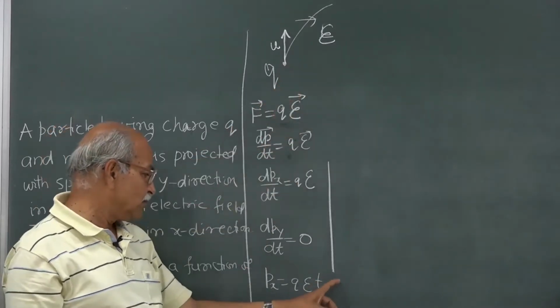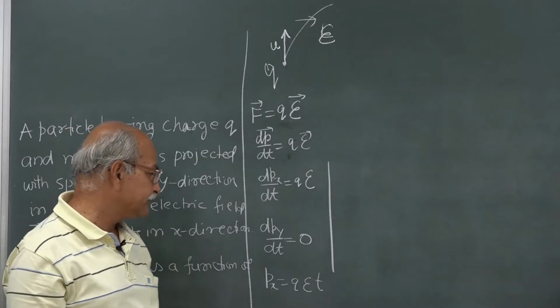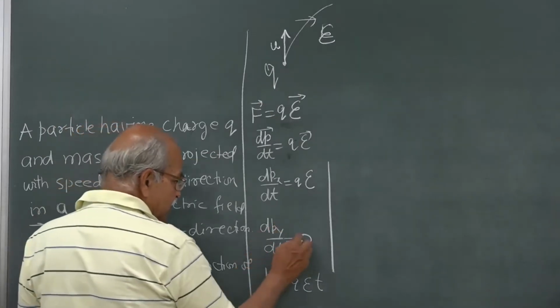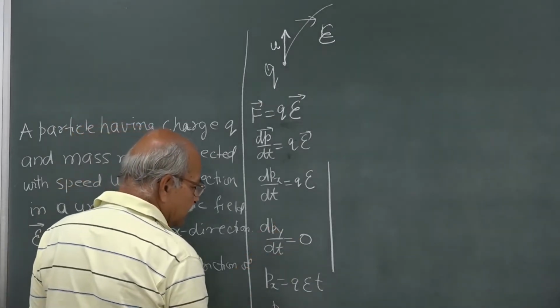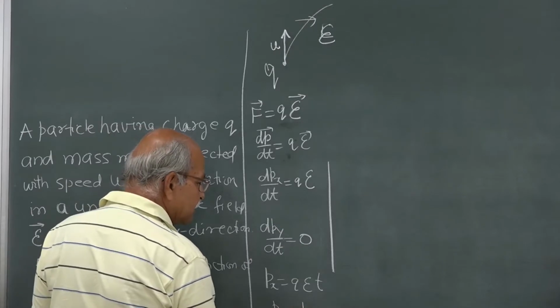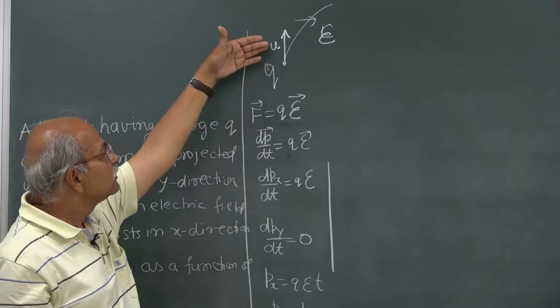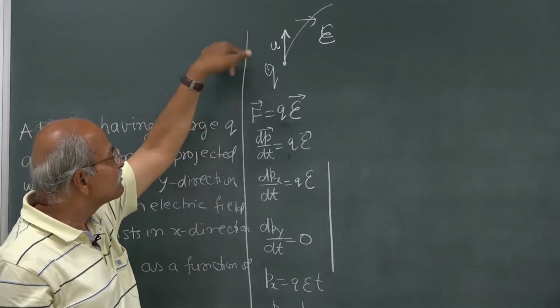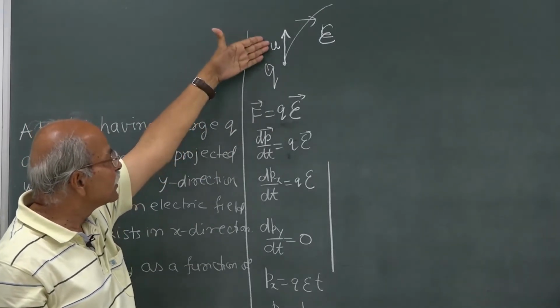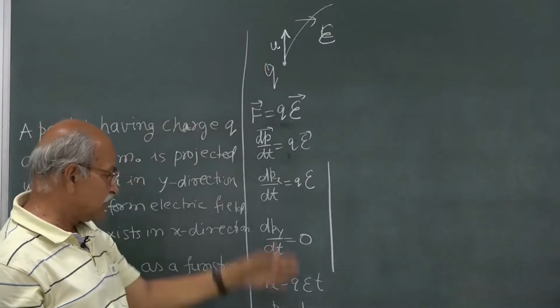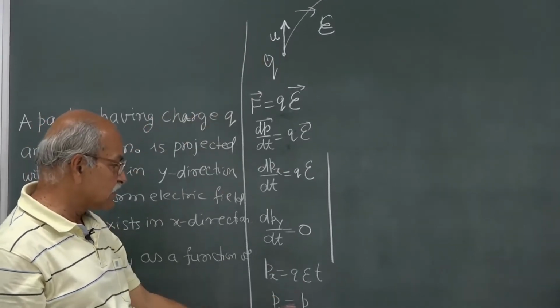So, there is no integration constant here, and the other equation will give you py is equal to constant, that is p naught, the initial linear momentum, m naught times u divided by square root of 1 minus u square by c square. That will be constant.